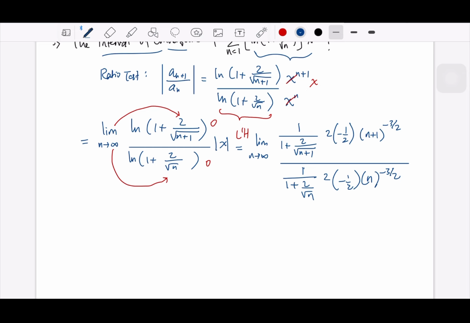Okay, I think in terms of the limit, this will cancel, and this is also cancelled. So all this can become 0, right?